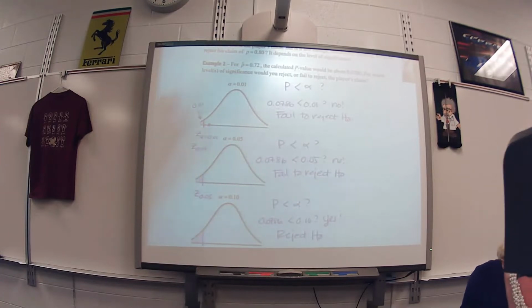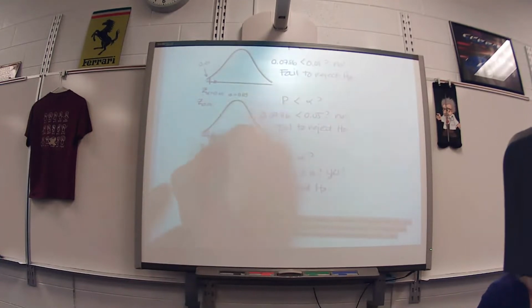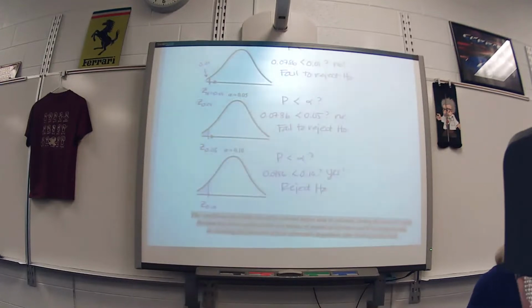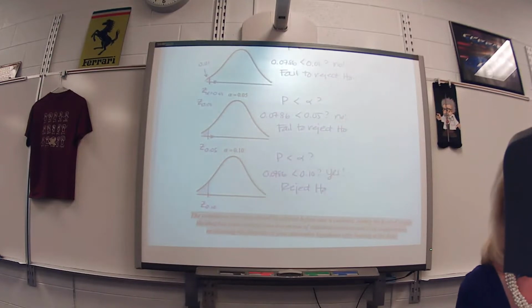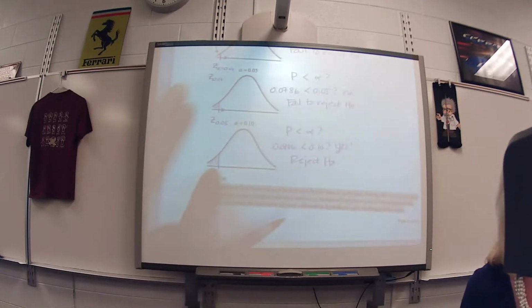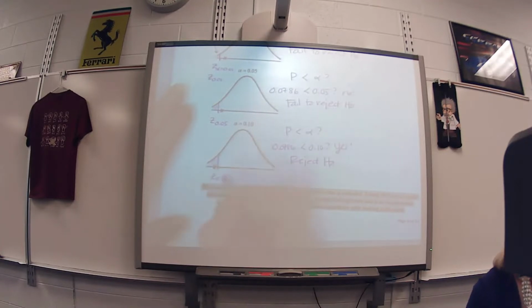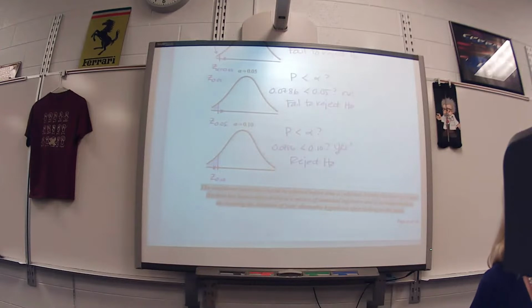If you have a 5% tail marked, and then you've marked 8%, you still failed to fall into the critical region, so it's a fail to reject. But if you have a 10% tail marked, and you mark an 8%, you just landed in the critical region.